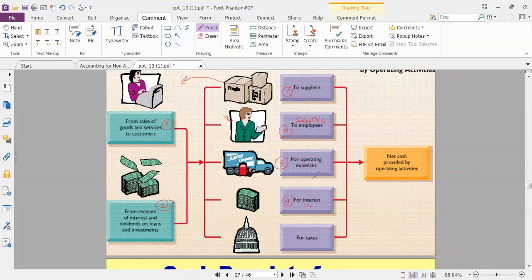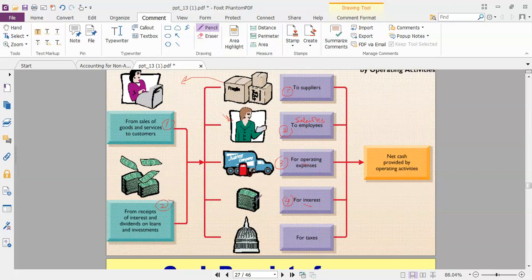for example a long-term loan from the bank. Besides paying the principal, we should also pay the interest. That's why interest is one of the expenses paid by the company.